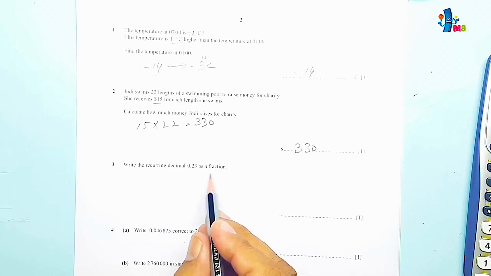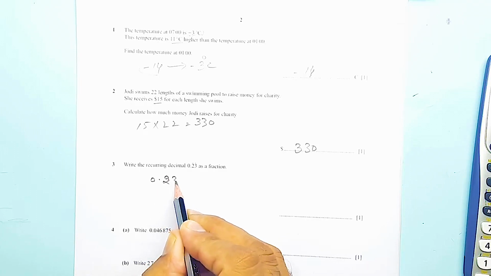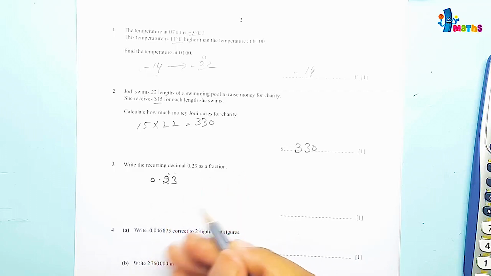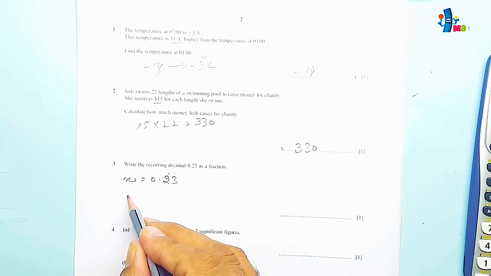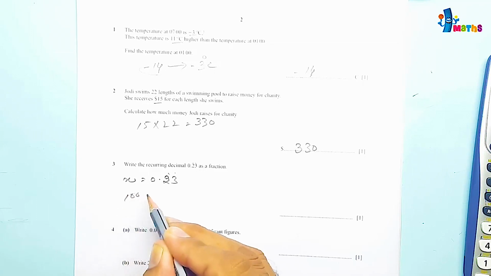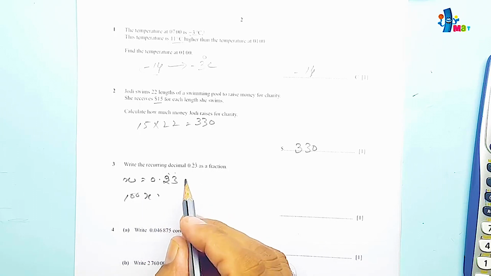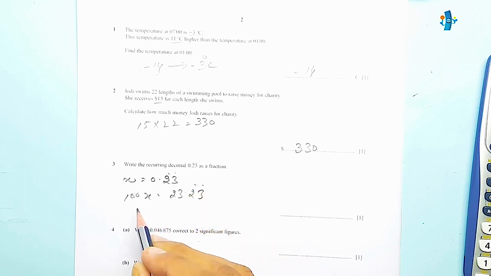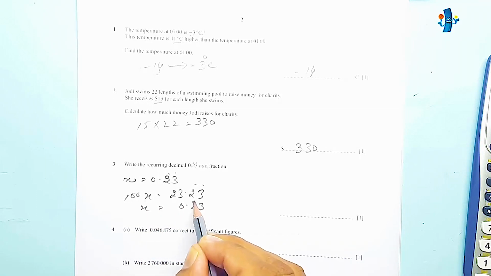Write the recurring decimal 0.23 recurring as a fraction. This is a 1 mark question, so we can write this is equal to x, then 100x will be equal to 23.23 recurring, and we subtract x, which is 0.23 recurring.